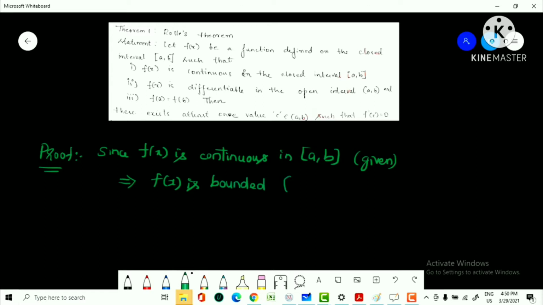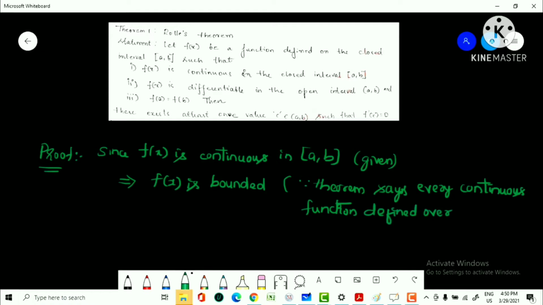How we got this? Because the theorem says every continuous function defined over the closed interval a comma b is bounded.